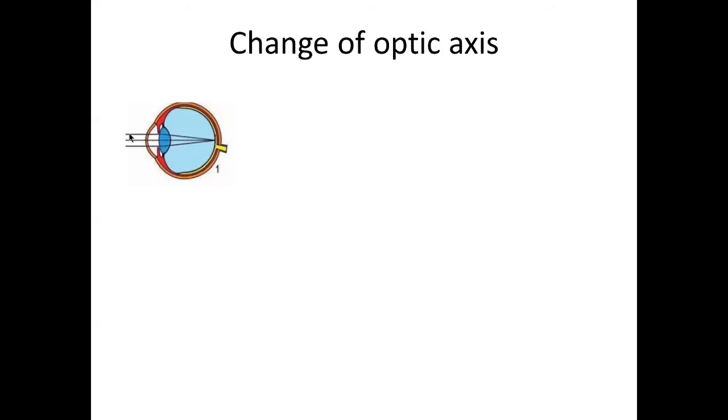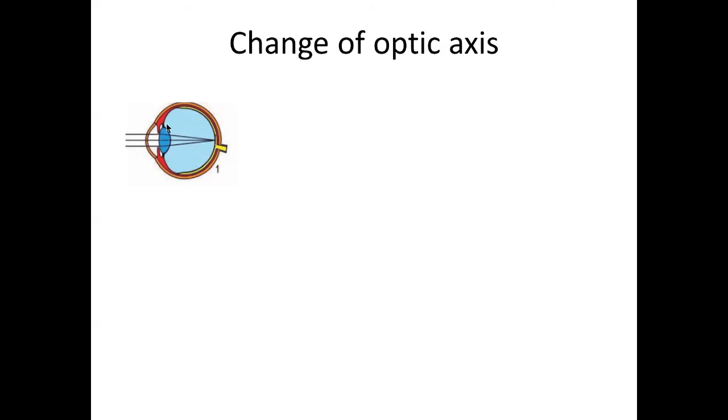So here are 3 parallel light waves. They enter the eyeball through the cornea, then they penetrate the lens, and the lens changes the directions of each of the 3 lines, and they meet normally exactly in the retina.